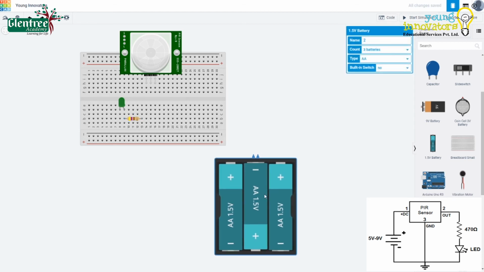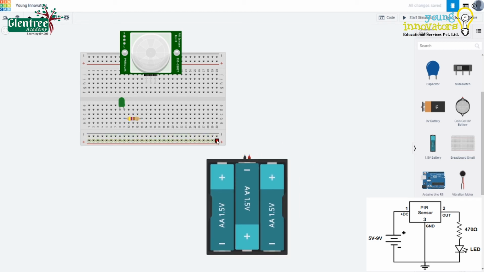First, let us give the connection of the battery to the power leads of the breadboard. Now, let us connect the VCC of the sensor to the positive lead on the breadboard. Next, we will connect the ground pin to the negative lead on the breadboard.